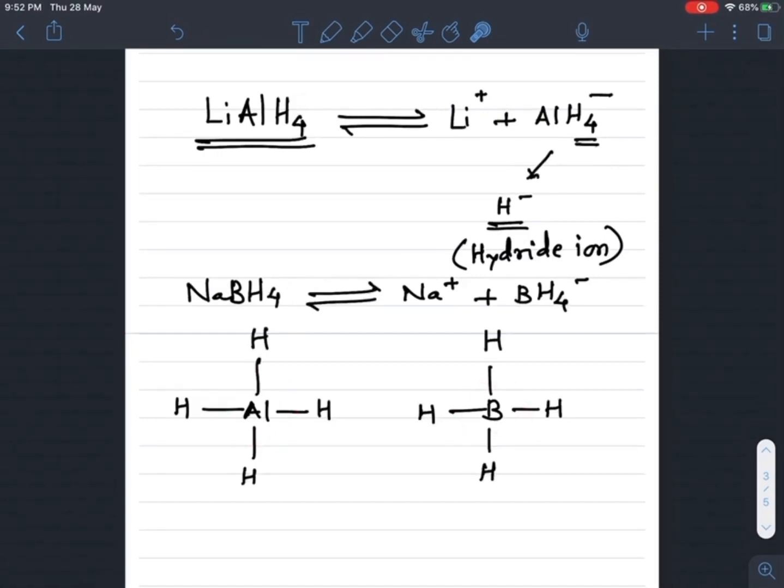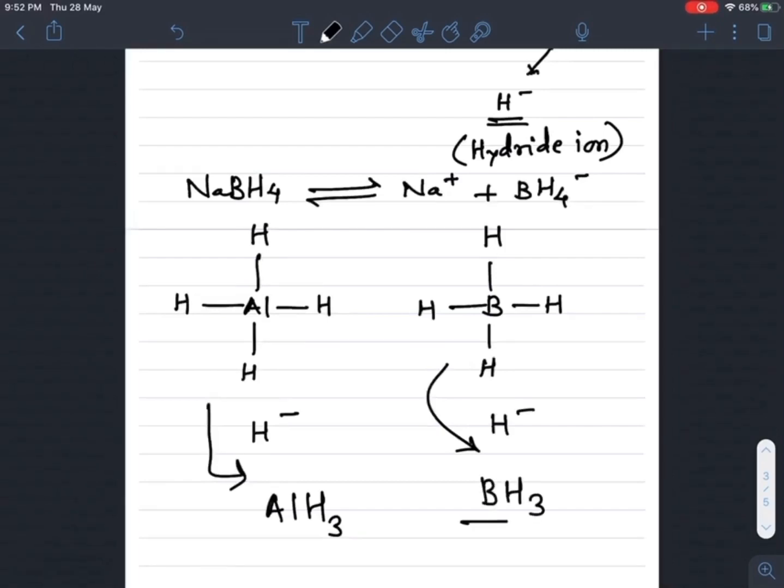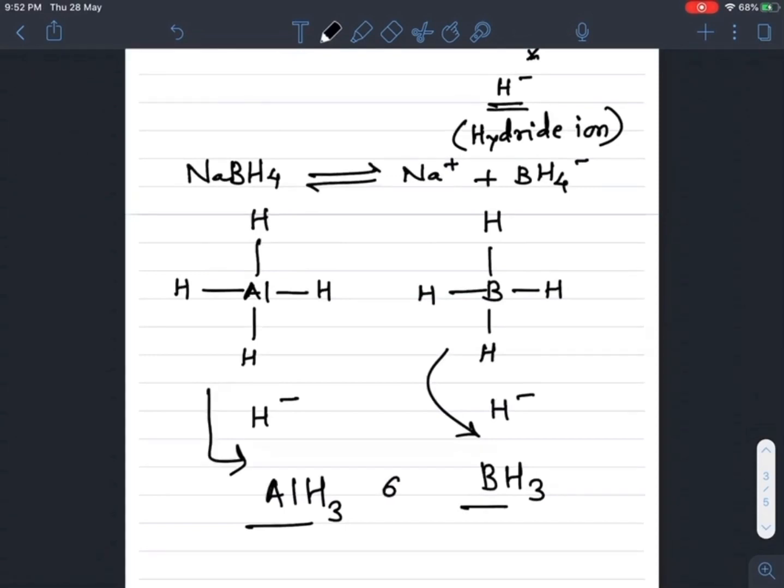So actually when it breaks, what happens? When it breaks or supplies H minus ion, what is remaining? AlH3, aluminum hydride. And BH4 minus supplies H minus ion and forms BH3. Actually both of these are electron deficient species, meaning in the outermost shell how many electrons are there? 6 electrons.